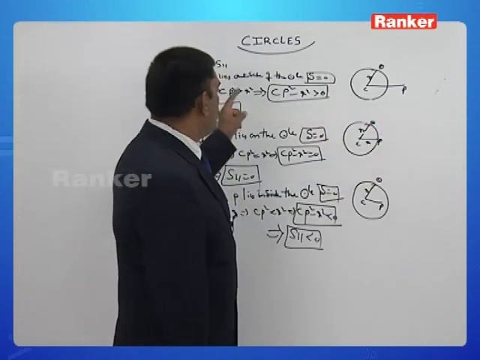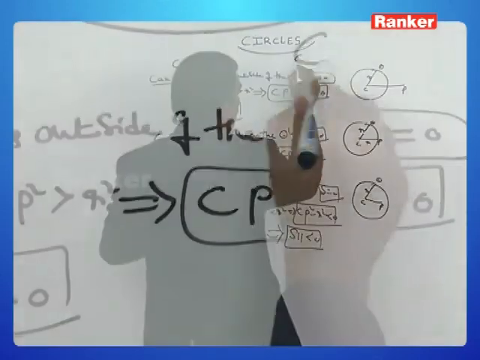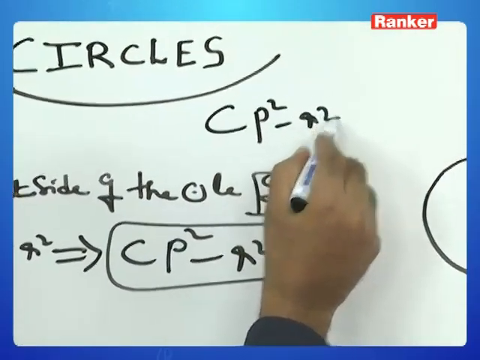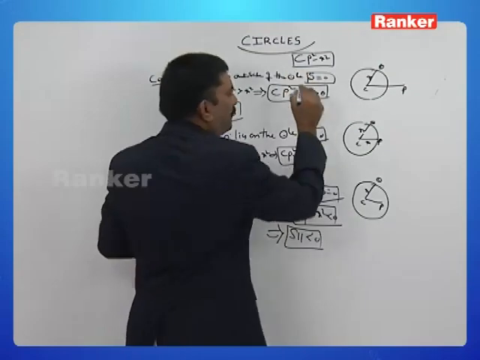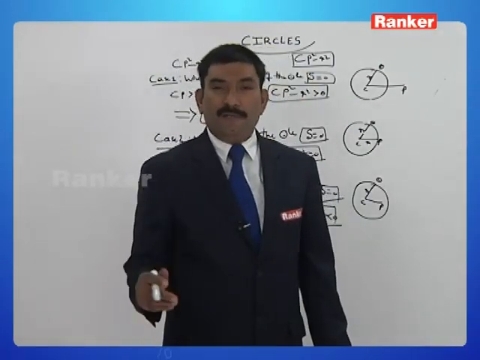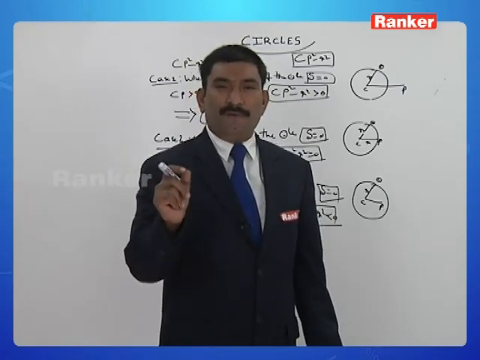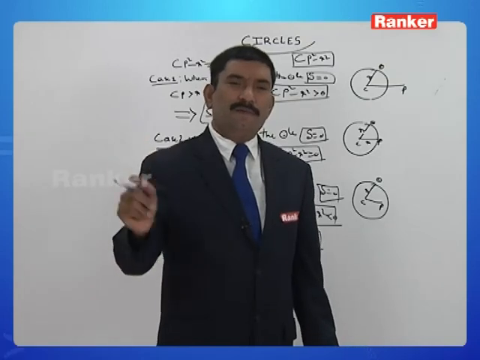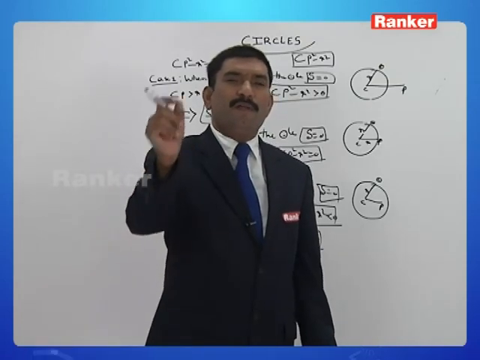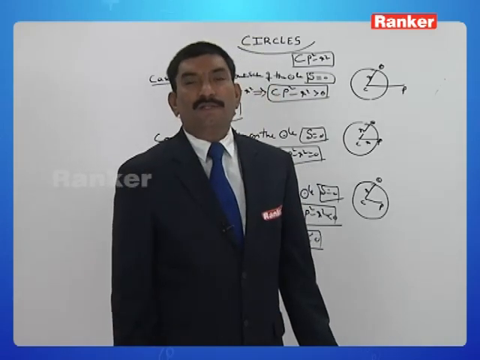Then CP square minus R square is defined as the power of a point. So CP square minus R square is nothing but S11. So S11 is also defined as the power of a point P of x1 comma y1 with respect to the circle S is equal to 0.